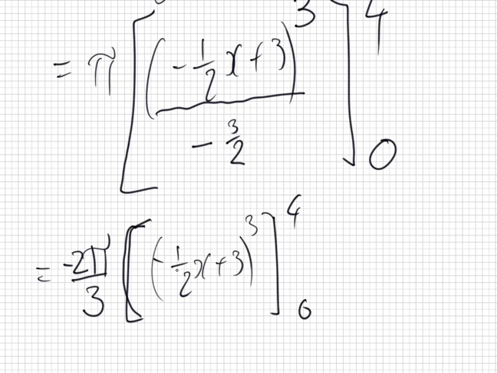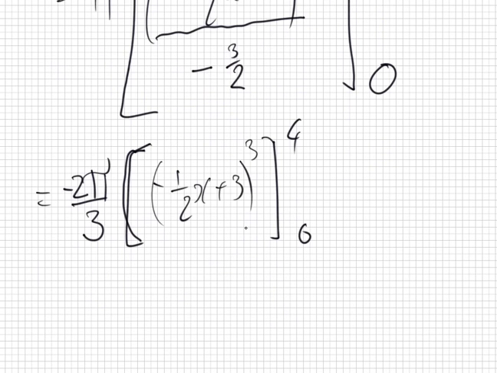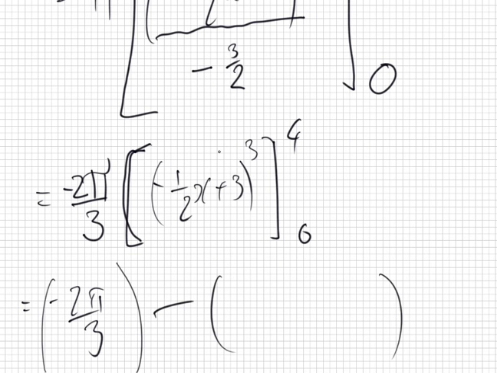Okay, let's put in the 4 first. So 4 times minus a half is minus 2. 3 minus 2 is 1. 1 cubed is 1. So we'll have minus 2 pi over 3. Now I put in 0. 0 times a half? 0. 3 cubed? 27. 27 times minus 2 over 3 pi will be minus 54 pi over 3, isn't it?